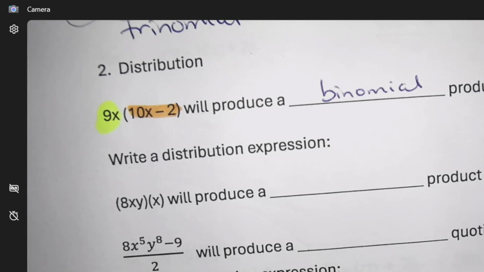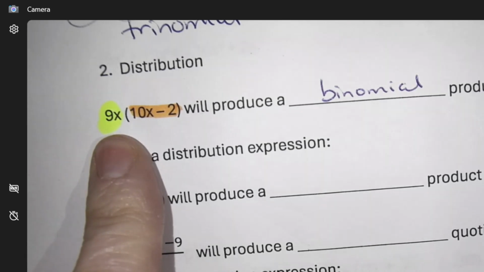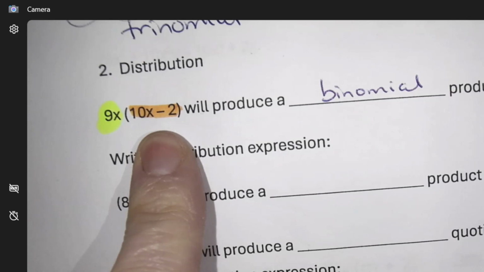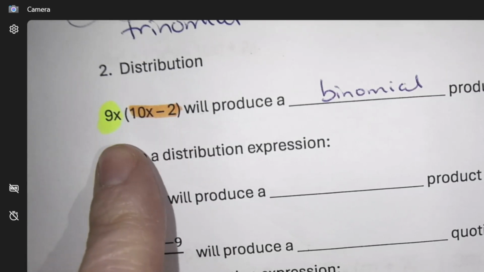So now I've asked you to write a distribution. So distribution means you have to take turns with the multiplying. So everything in yellow has to multiply everything with orange. So take turns.